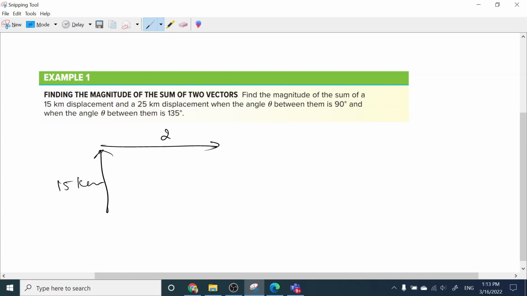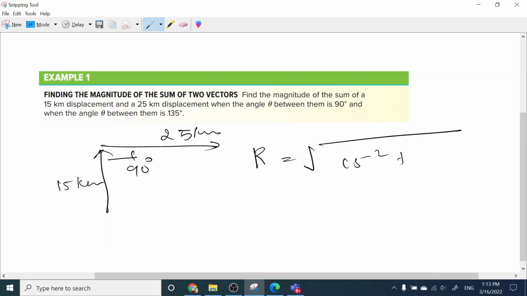If the angle between two vectors is 90 degree, then we will use the Pythagorean theorem. The sum is equal to square root of 15 square plus 25 square. This is commutative, okay? 25 square plus 15 square, both the same thing. When you do the calculation, you will get the answer. I am not spending time to do the calculation. Use your calculator and find the answer.